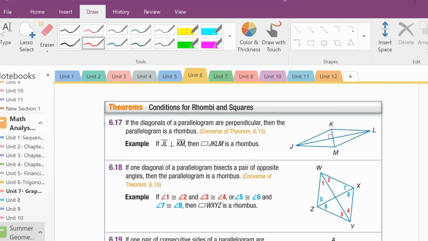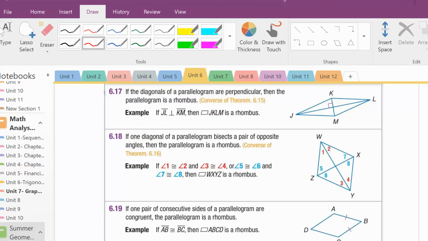So conditions for rhombus and square. If the diagonals of a parallelogram are perpendicular, then the parallelogram is a rhombus. If one diagonal of a parallelogram bisects a pair of opposite angles, then the parallelogram is a rhombus. So those are 2 ways to know it's a rhombus. Also, if consecutive pairs of sides of a parallelogram are congruent, it's also a rhombus.